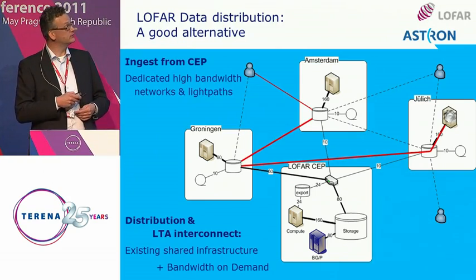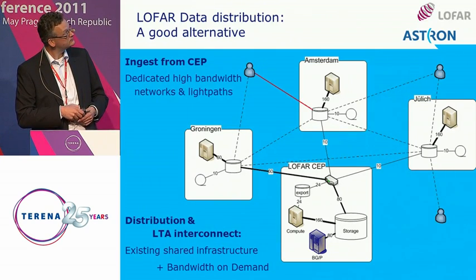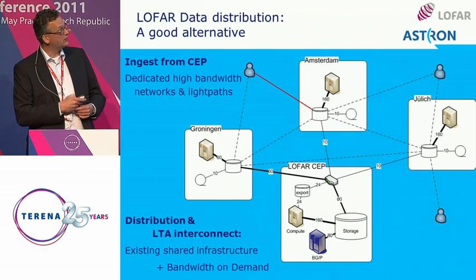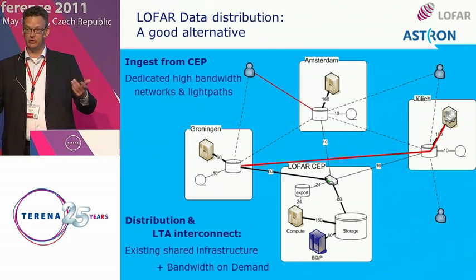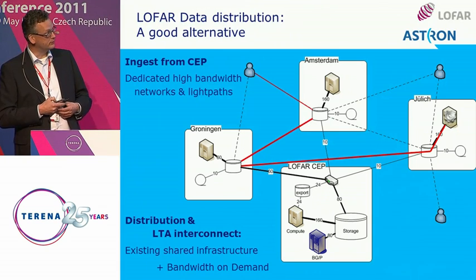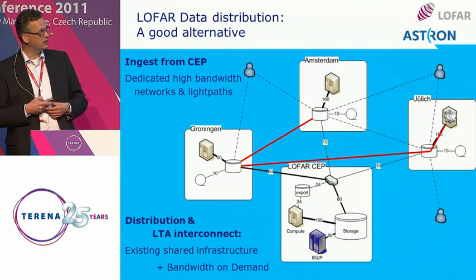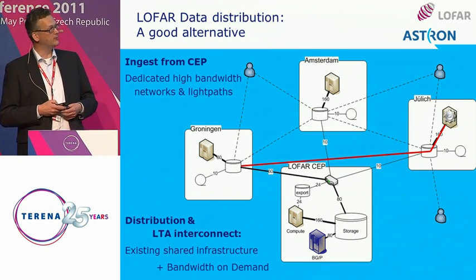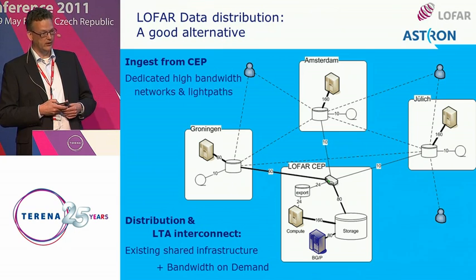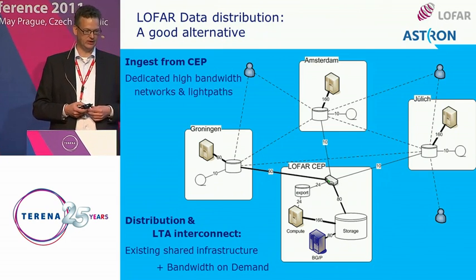We can use bandwidth connectivity to allow users, if they want to retrieve a large data set, to use a temporary line. If we want to do remote processing, we have a data set here, but we have the processing facility somewhere else. We would be able to set up a high bandwidth line to there. Offloading of data would be enabled as well.